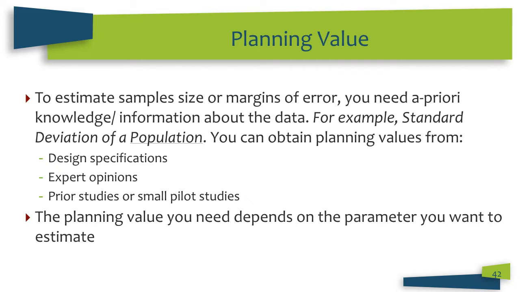But you would require planning values whenever you are estimating your sample size, calculating your margin of error, and so many other things. So planning value is an a priori value that you would require before conducting your research, and I'll quickly show you on a Minitab slide what that means.